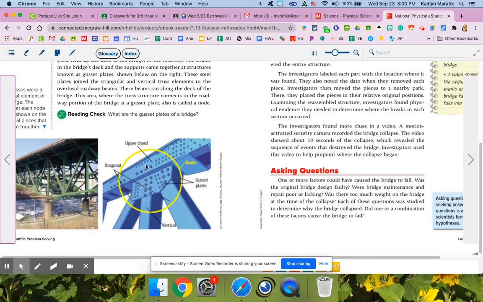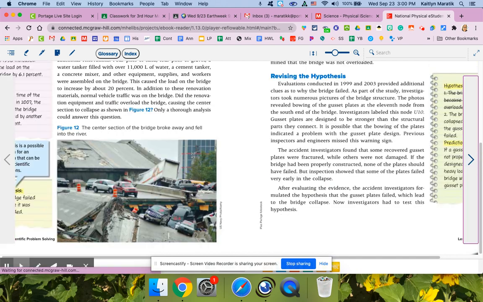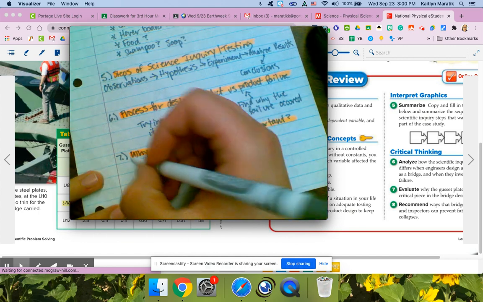These gusset plates are where everything is meeting and getting held together. So this type of bridge, remember, is formed by different rods and different angles, all coming together, and they're supporting each other to make a very strong bridge, but it's all being held together by those gusset plates. And if those gusset plates can't hold together all of the parts, if those fail, then nothing else is able to be held together.